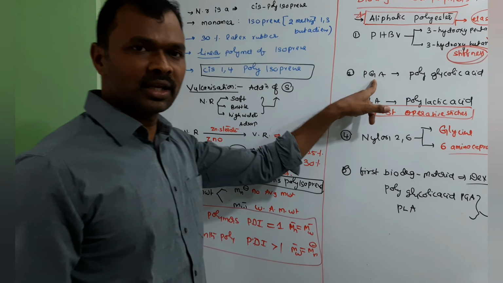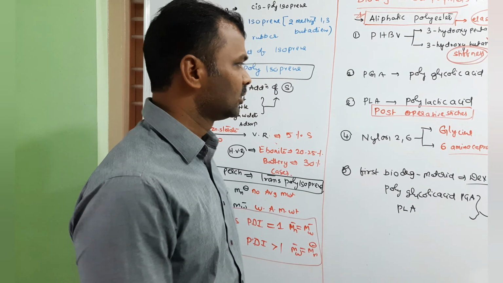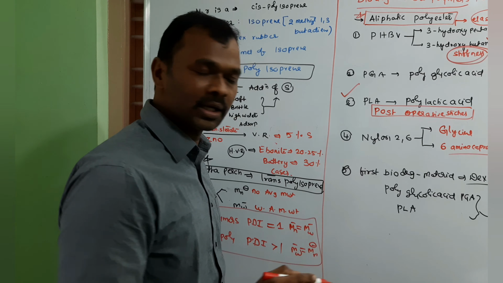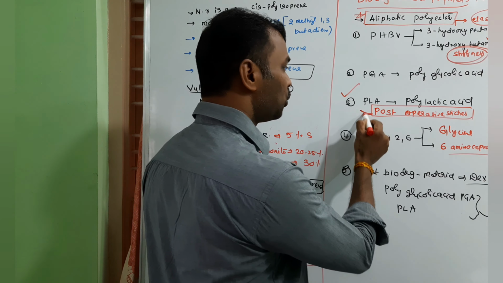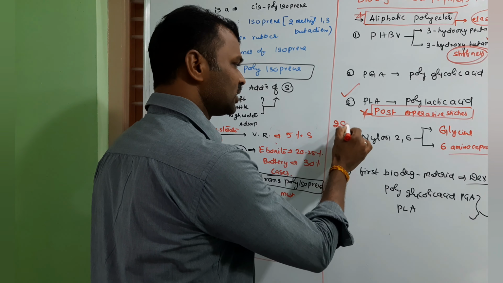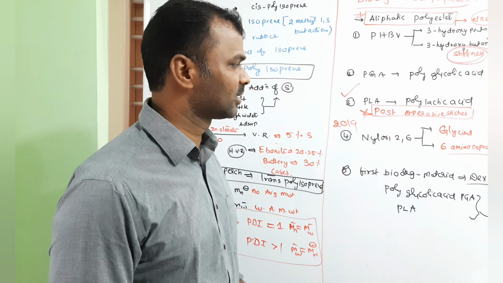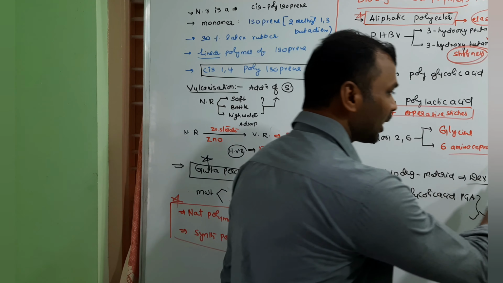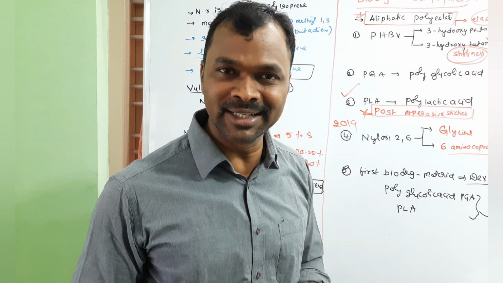Others are PGA, polyglycolic acid, PLA, polylactic acid. Polylactic acid generally used in post-operative stitches. 2019 this question is asked. The monomers in nylon 2,6: glycine and aminocaproic acid, which is a biodegradable polymer.